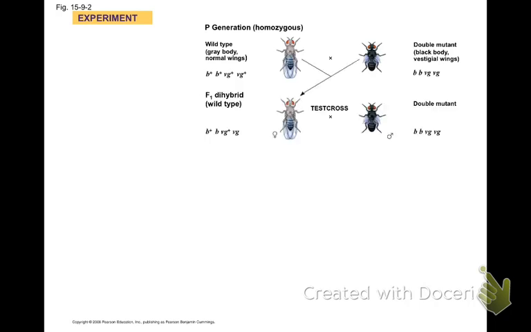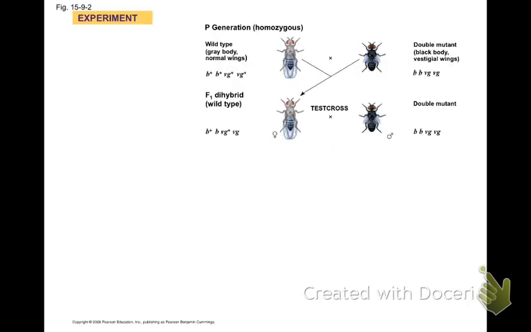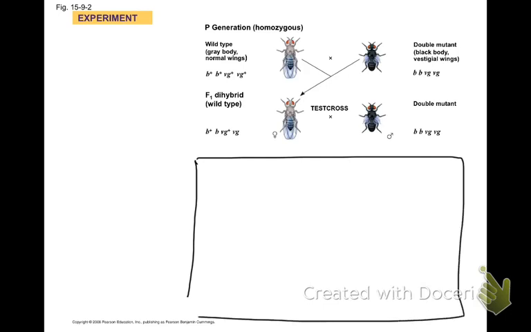So he crossed them the way I was describing in the previous slide. Okay, and in this test cross, let me just go back. In this test cross, you would have, this guy is small g, small n, right?